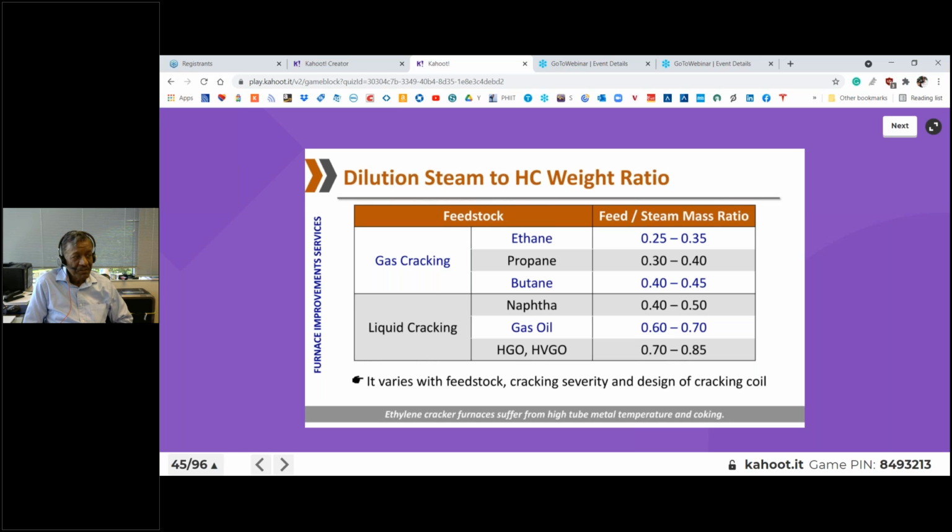It also depends on the cracking severity and the design of the cracking coils. My guess is most of the operators end up putting more steam into their coils as it really helps them. If they have steam available, they tend to put more actually.